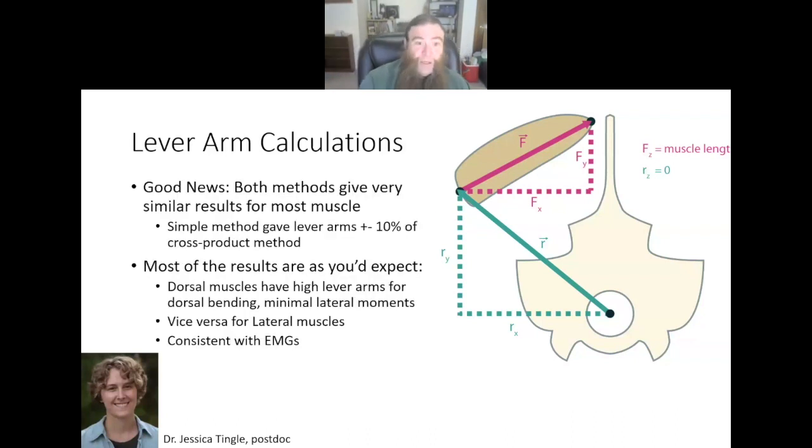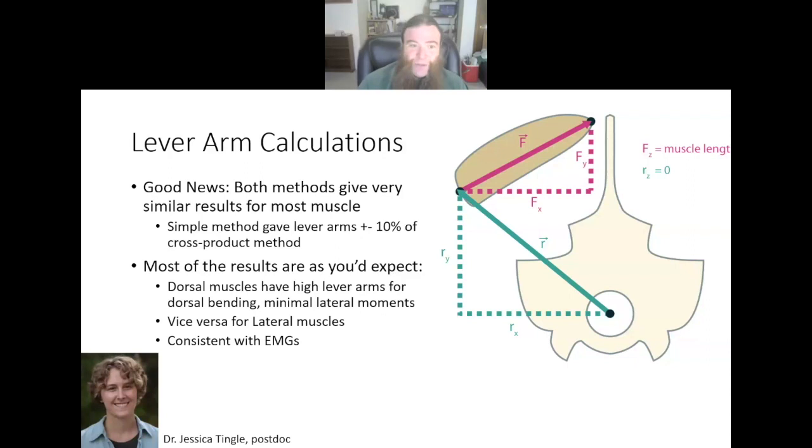So, the good news, both of these methods, the cross product and the simple distance method, have very similar results. They give lever arms for lateral and dorsoventral as plus or minus 10% of each other. So they're pretty consistent.